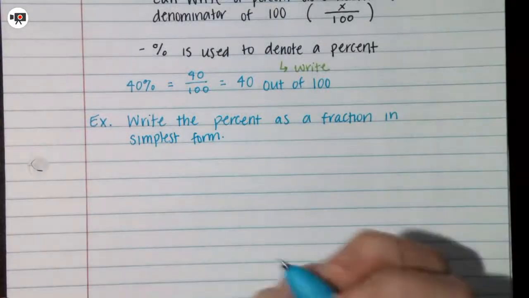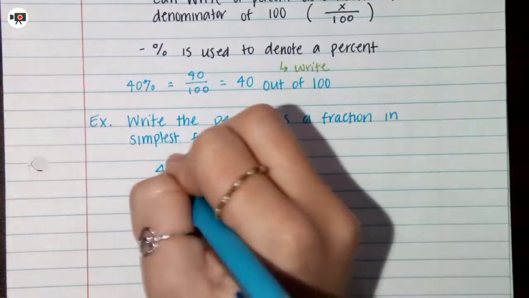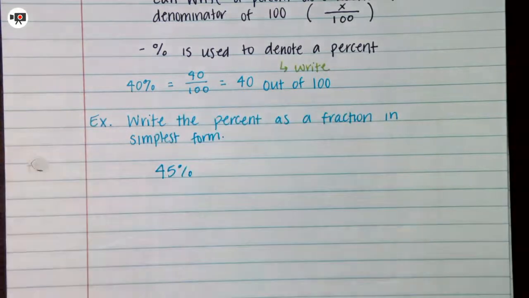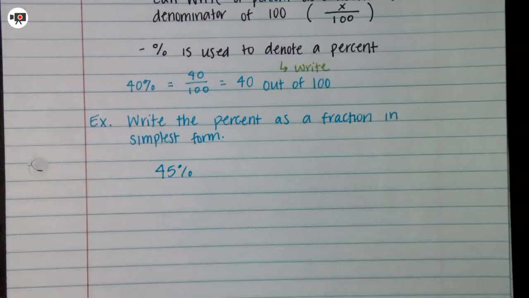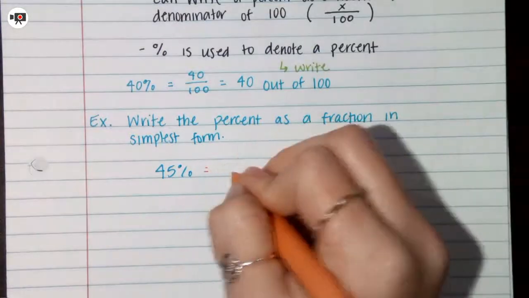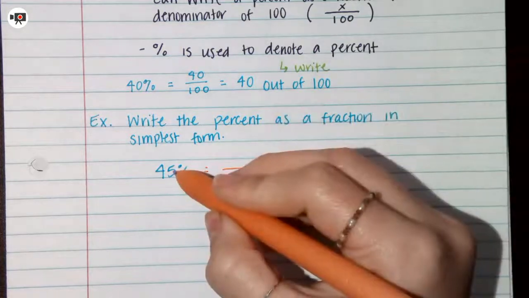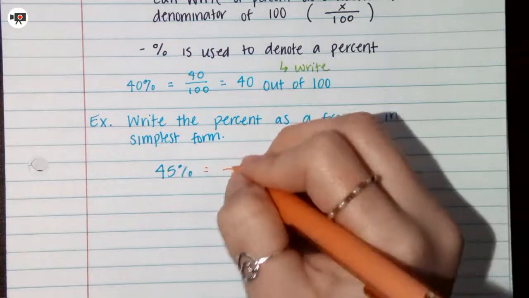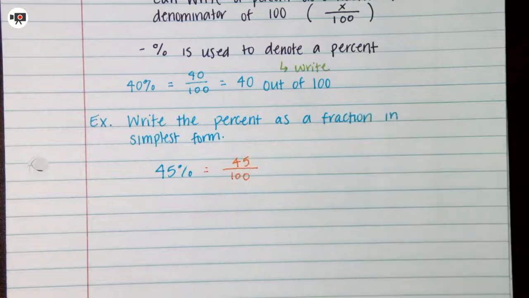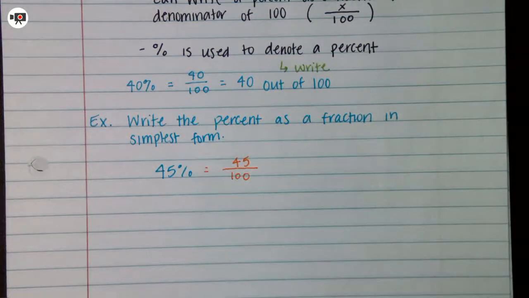So, if I have 45%, I know my fraction has to have a denominator of 100, and whatever the percent is goes in the numerator. So this is 45 out of 100.